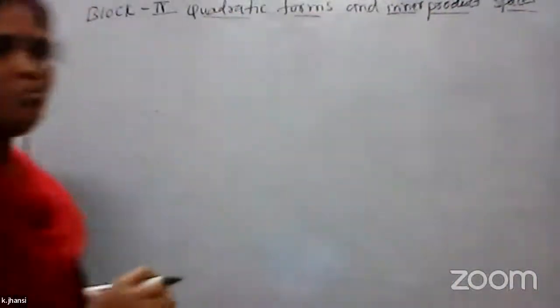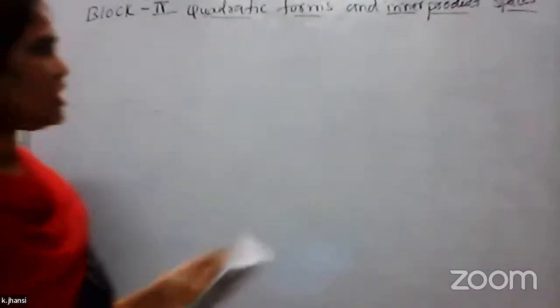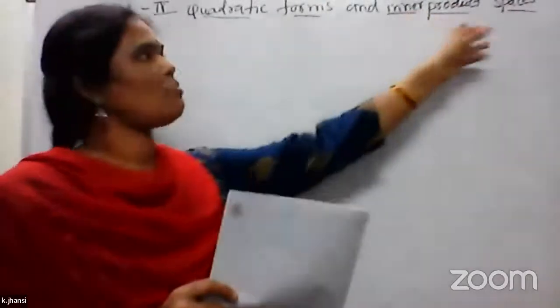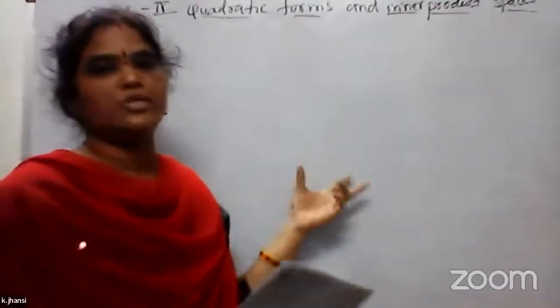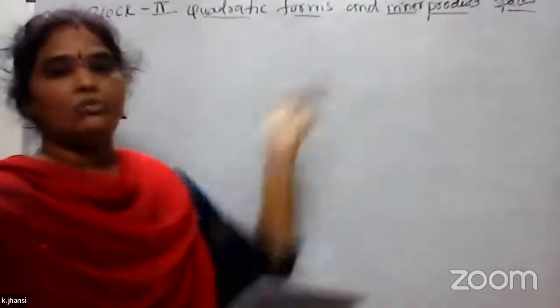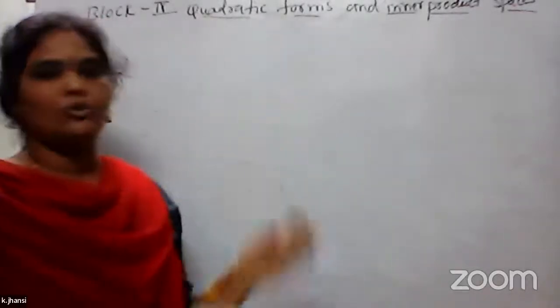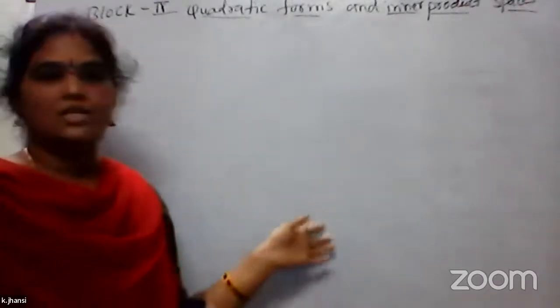Here in block 4, the 10 marks questions you will get from the inner product spaces. That is the last 2 units. The 10th unit you have the quadratic forms. In the 11th and 12th units, the 11th one is inner product space, and the 12th one is the Gram-Schmidt orthogonalization process.